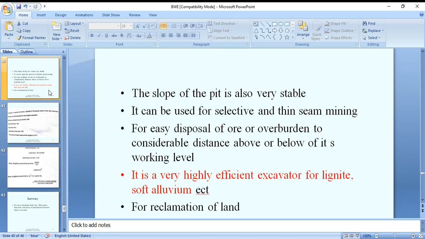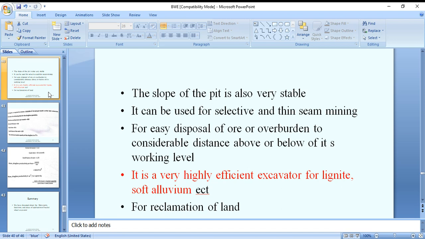For bucket wheel excavator calculation purposes, generally a bucket wheel excavator has a number of buckets. So number of buckets times fill factor and swell factor, multiplied by the time taken.